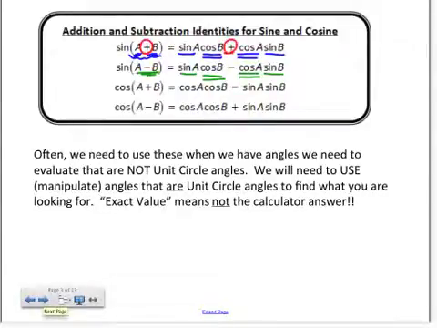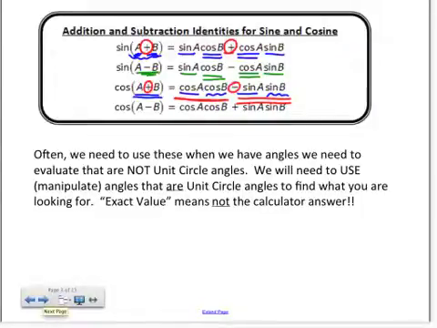When we move to cosine, we have cosine of A plus B. It's the cosine of A times the cosine of B minus the sine of A times the sine of B. Notice that in the cosine angle addition identity, you have both of the cosines in the first term, both of the sines in the second term, and C for change the sign.